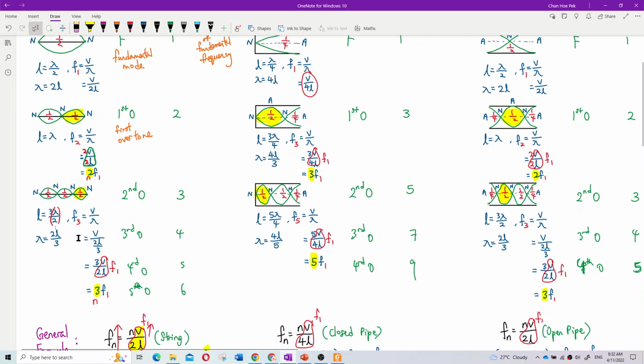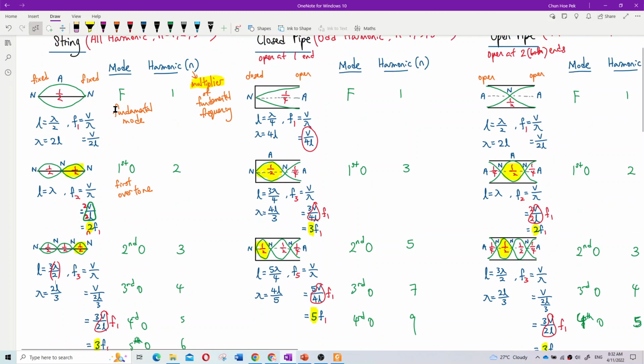But you must know how to draw: if third overtone means you have 4 loops. If fourth overtone, you have 5 loops. If fifth overtone, you get 6 loops. Then the frequency also become 4 times, 5 times, 6 times. Understand? 6 times the fundamental frequency.